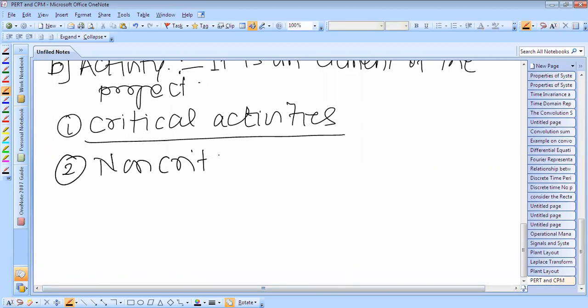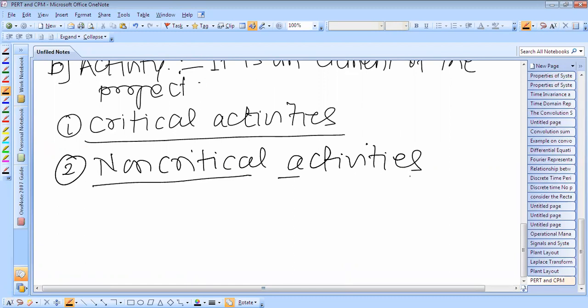Non-critical activity. So non-critical activities have provisions, for example, float and slack. What is float and slack? Float and slack means spare time.